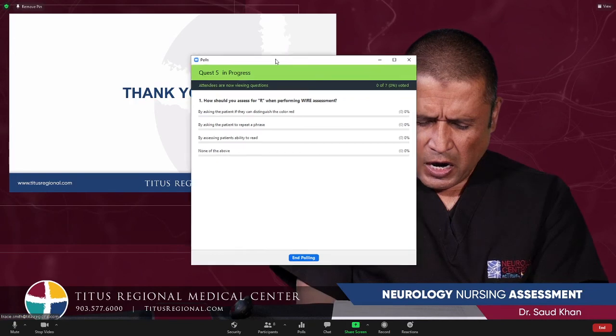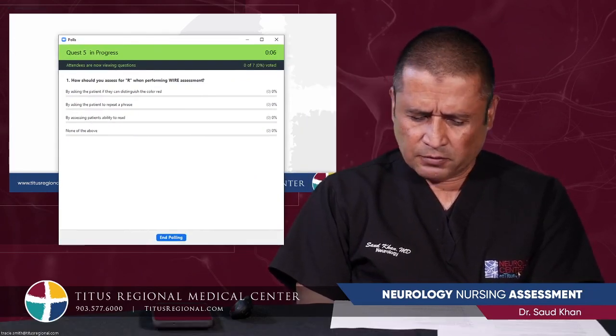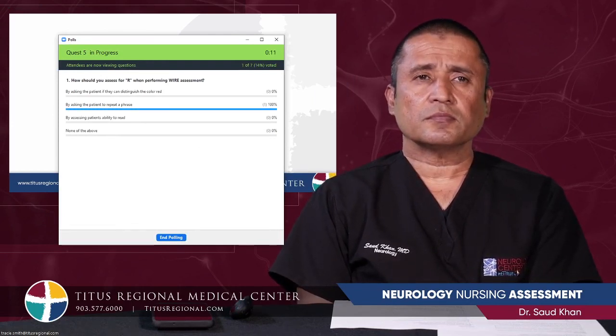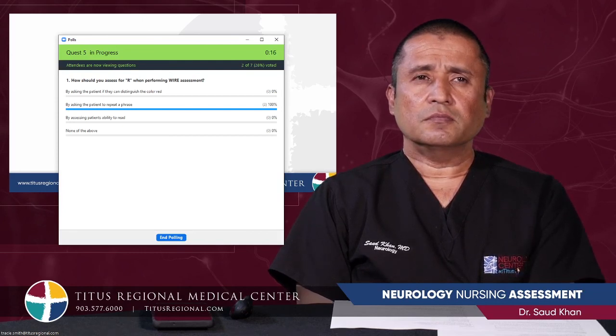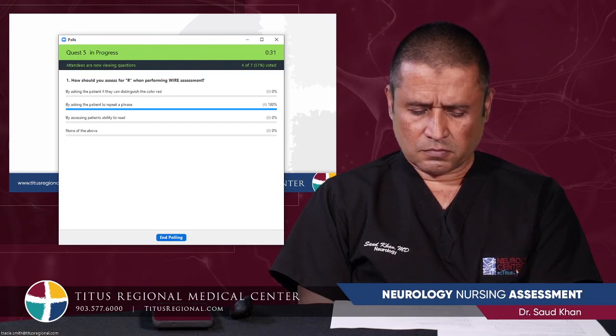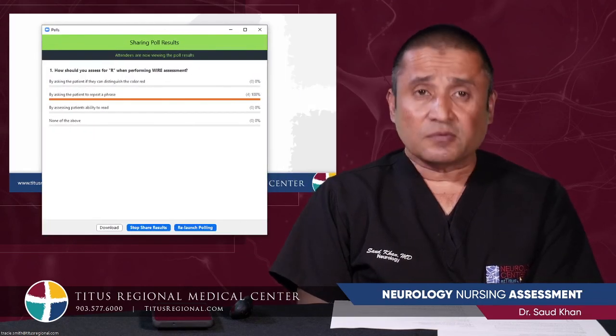Question number 5. How should you assess for R when performing the WAVE assessment? Answer B, by asking the patient to repeat a phrase.